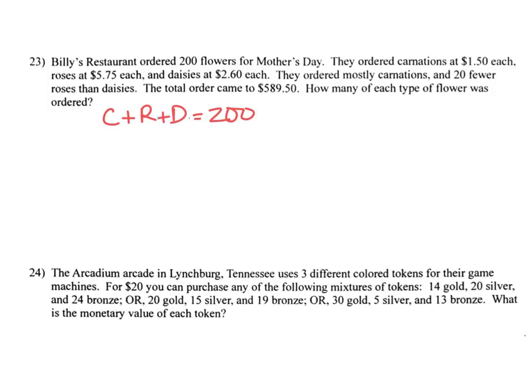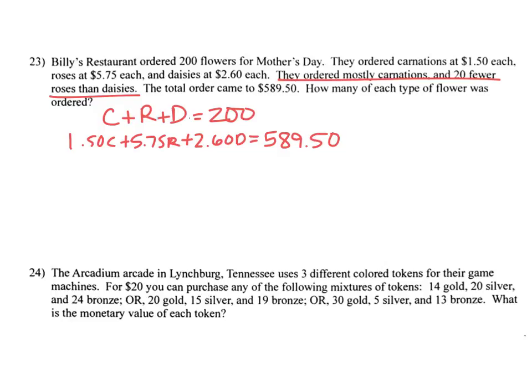The second equation is going to be our rates, so 575 C plus 260 R, equals the total, which is 589.50. And then the last line says they mostly ordered carnations and 20 fewer roses than daisies.